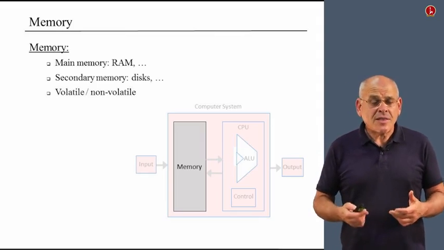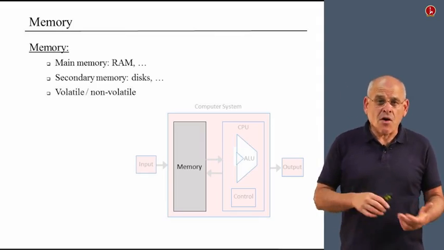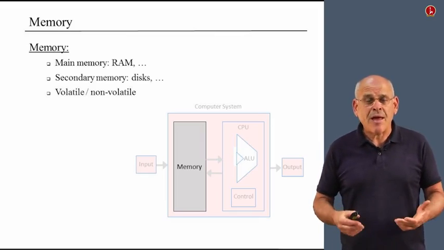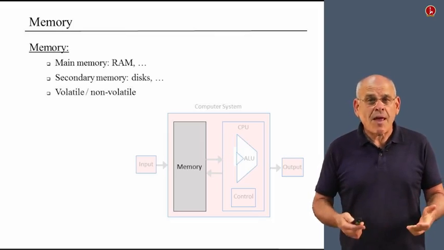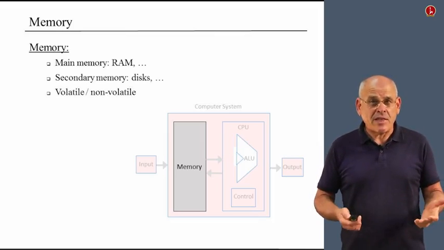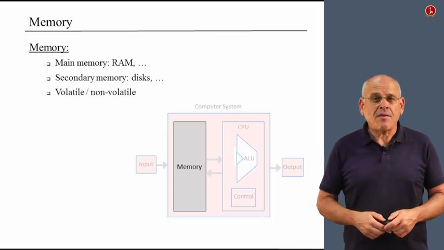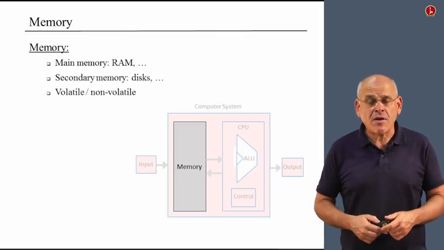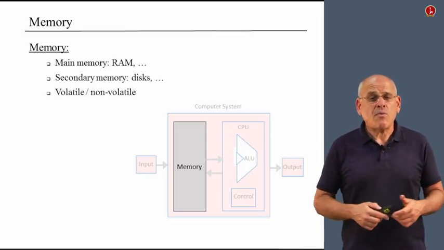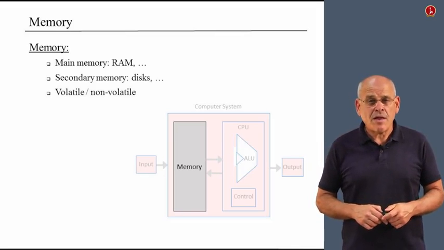And then there's also the distinction between volatile and non-volatile memory. For example, when you pull out the plug of the computer, the RAM is effectively erased. At the same time, the information which is stored on the disks and on flash memory and so on persists even when the computer is not connected to a power supply.